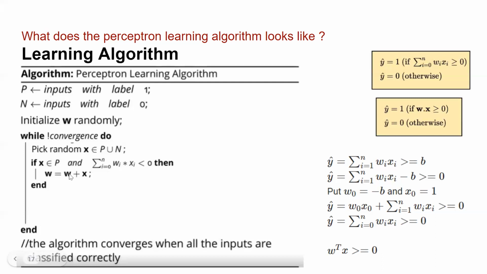But X will get subtracted from my weight when the point which I have taken actually has target 0, but my model said it should be 1, right? So don't get confused that we will always be adding W and X. It depends upon the case. For this case we will add, but for the negative case N, we will subtract.